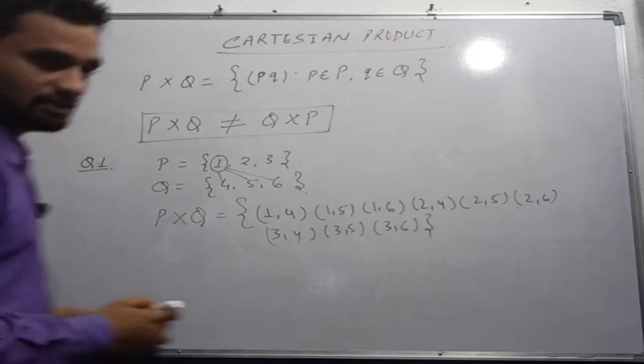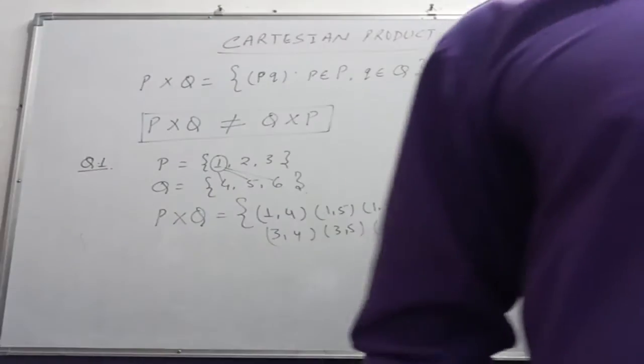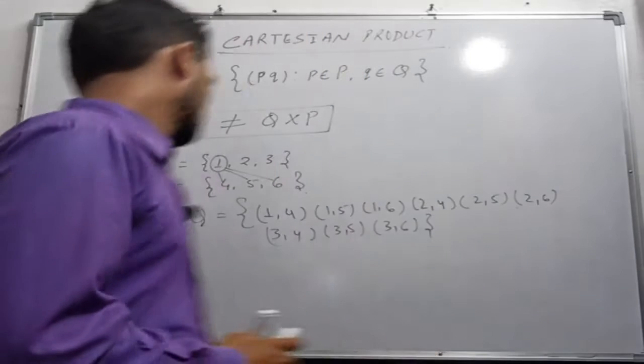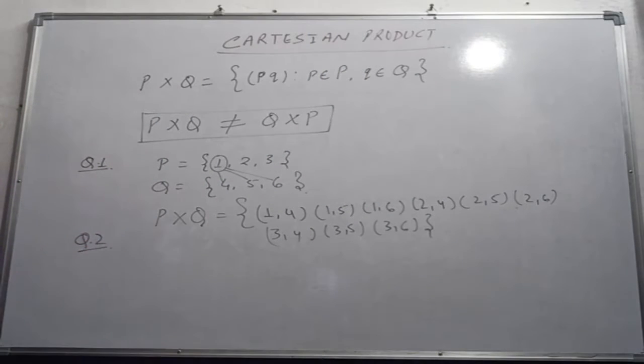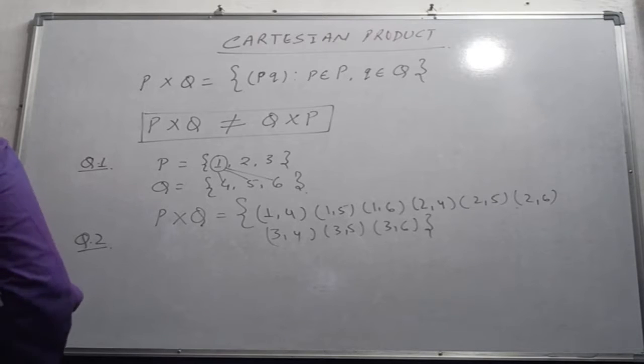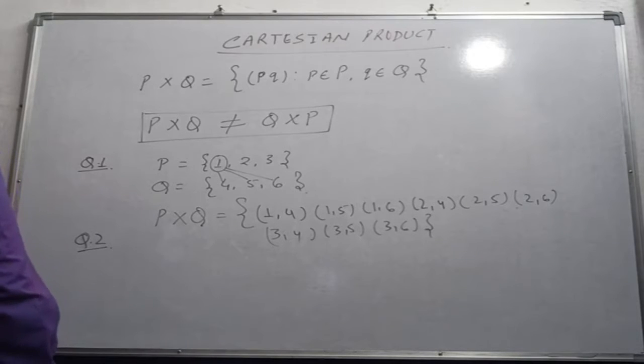Now we can take one more example. Now let me take another marker pen. This is question two. Any question I am taking from the book. G and H we are taking.